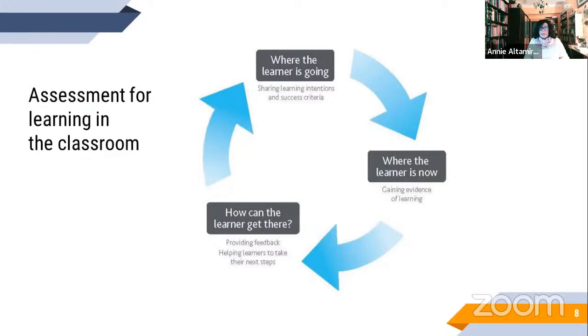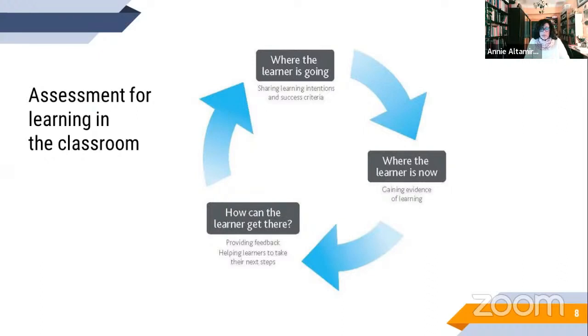And finally, the third aspect we need to understand is how can the learner get there? That is, we should use the evidence of learning in order to inform the choices about what they will do next in the class, what we can do with individual students, with groups of students, and also learners can use this evidence to make decisions about their own learning.